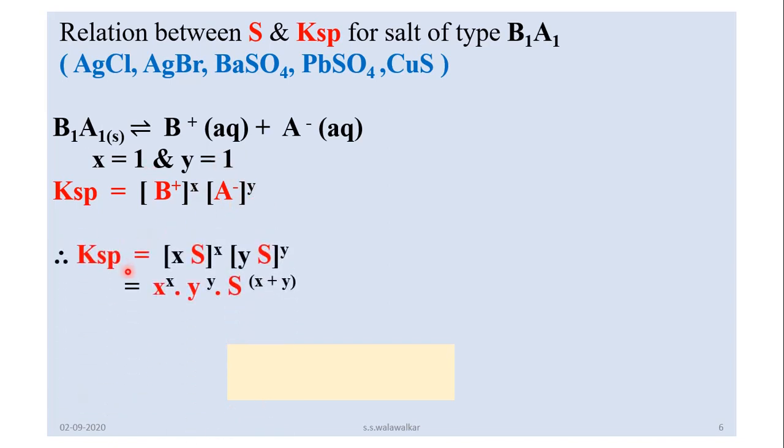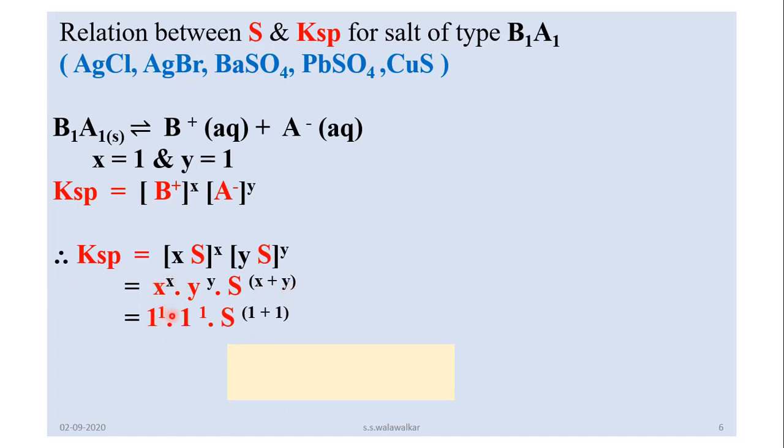Therefore, here Ksp is equal to, and the solubility of the salt is S. Therefore, the molar equilibrium concentration of B ion is equal to X into S raised to X, and the molar equilibrium concentration of A ion is equal to Y into S raised to Y. Therefore, this relation is X raised to X into Y raised to Y into S raised to X plus Y. And that is equal to, here X is equal to 1.